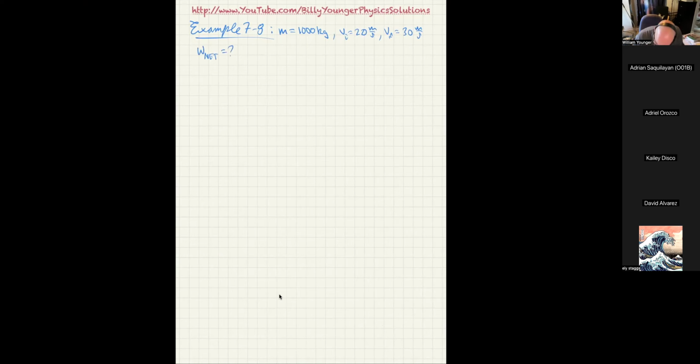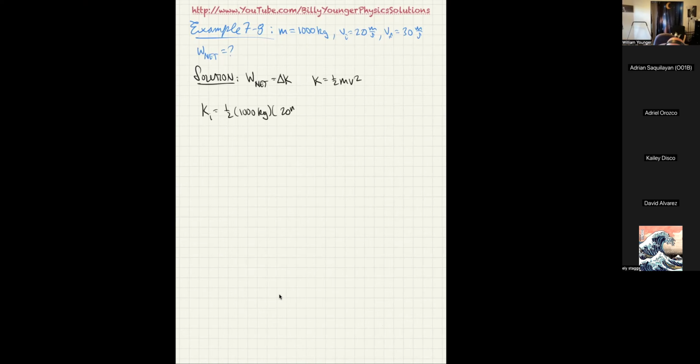So, solution, work net using the work energy theorem is equal to delta K, and K is equal to 1/2 M V squared. Now that I have that, I can say K initial is equal to 1/2 times 1,000 kilograms times 20 meters per second, and that's got to be squared.